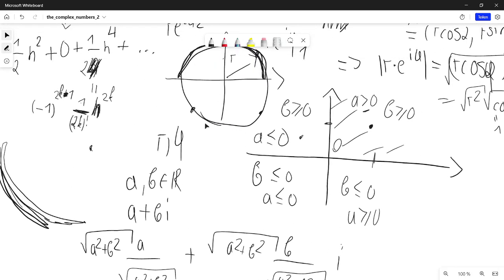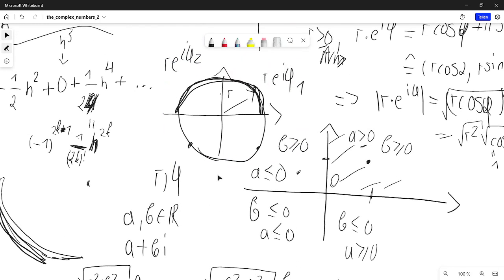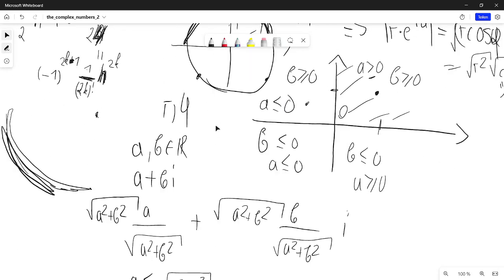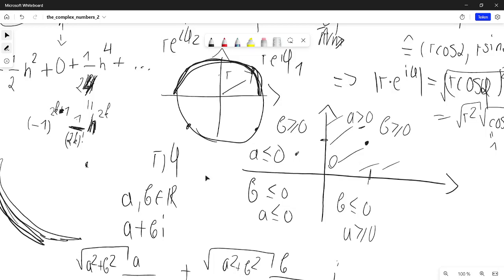And then we would have, if that is some point, right? To check whether we have gotten the right angle with our arccosine, well, that's simple.